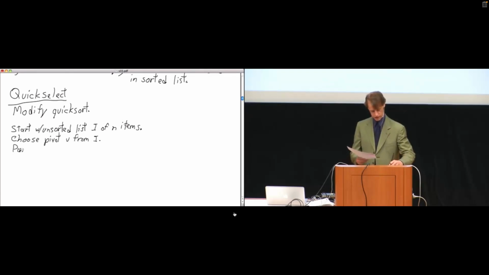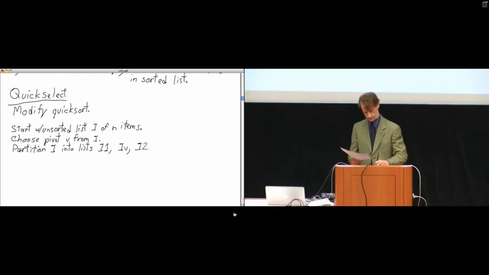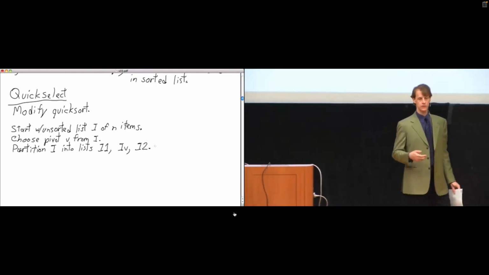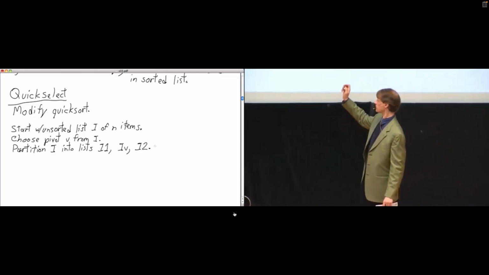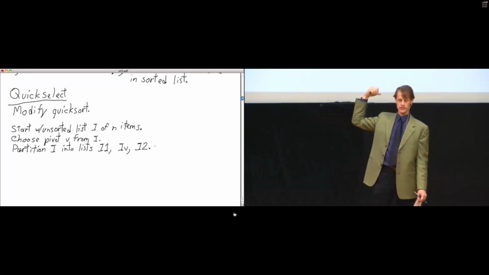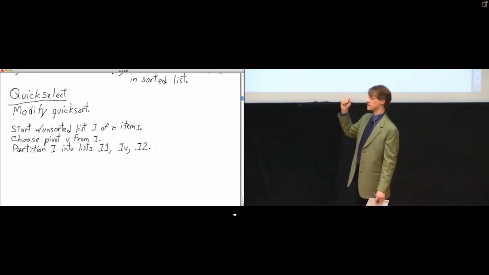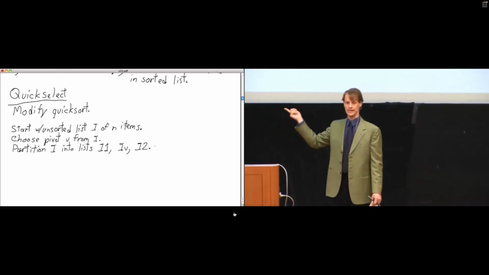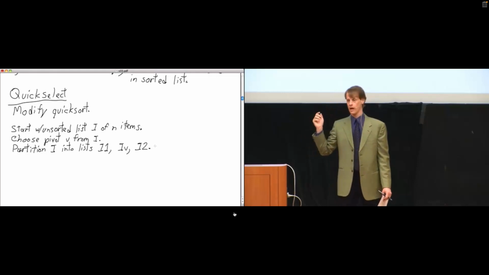We will partition that set I into 3 different lists, I1, IV, I2. Remember that we're doing this exactly the same way we did during the lecture on quicksort. So all of the keys that are less than the pivot go into list I1. All the keys greater than the pivot go into list I2. The pivot itself goes into this list IV.